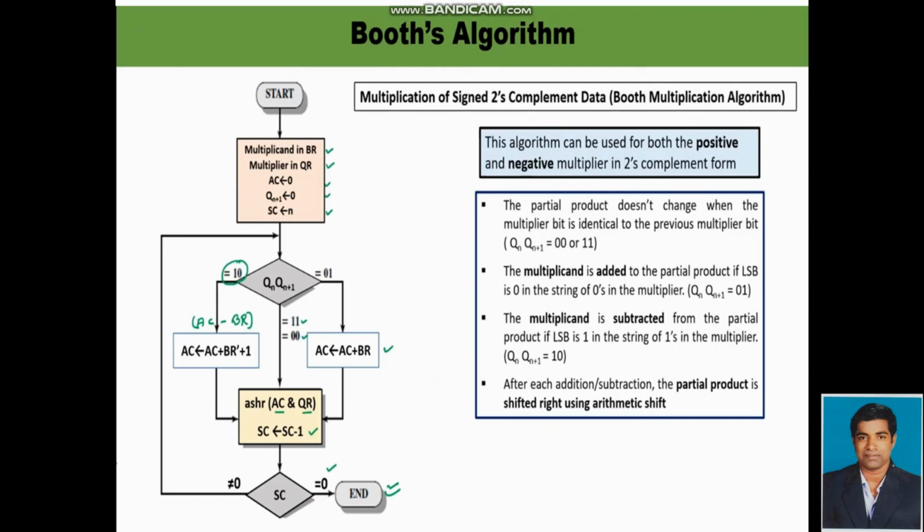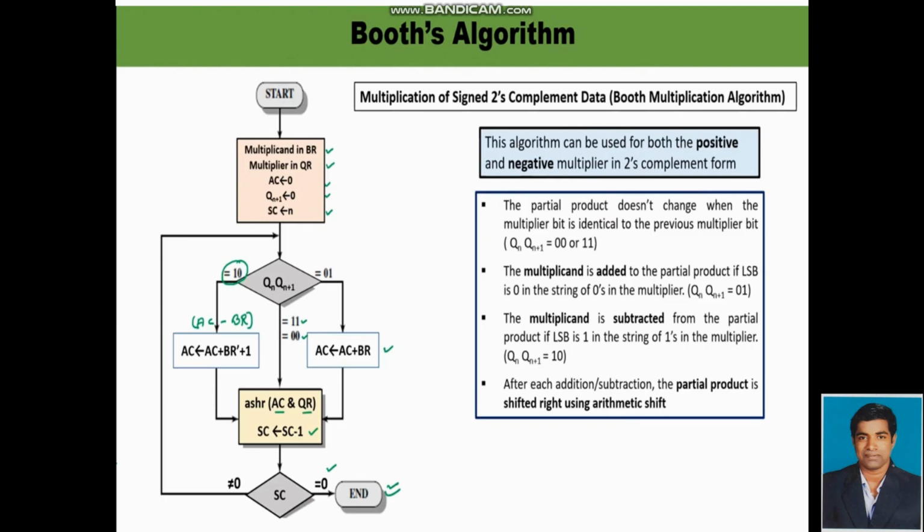In this flowchart, once the multiplier and multiplicand are entered in QR and BR, AC is set to 0 and Qn+1 is 0, and the sequence counter is initialized to n. After initializing the values of the multiplier, accumulator and sequence counter, we take the Qn and Qn+1 values.